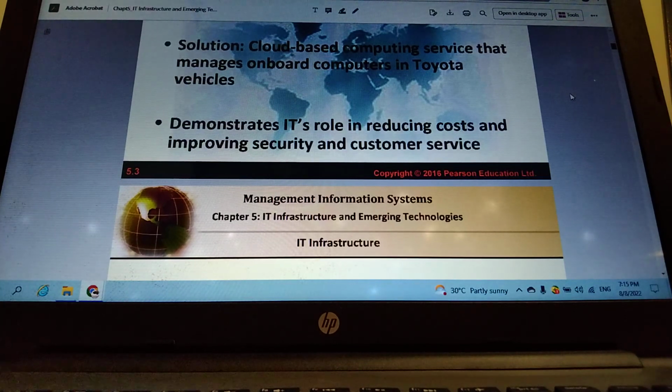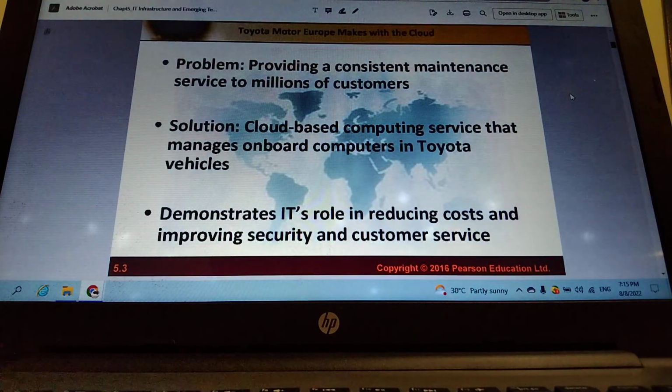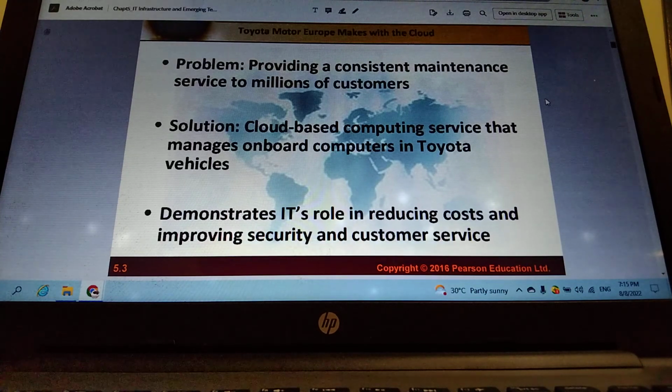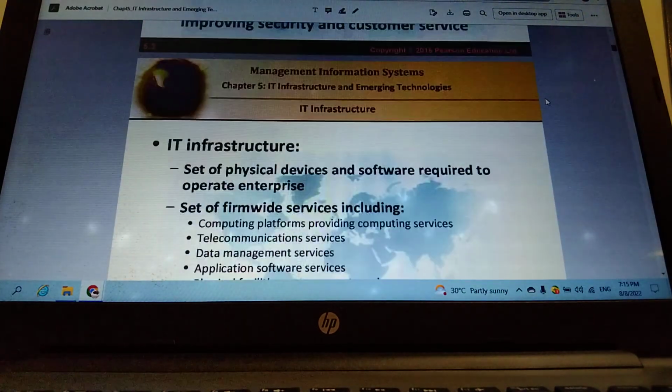So those are the two solutions provided for this case study. I suggest you and your colleagues or group members please discuss this during your discussion sessions. And if you need to bring it up, we can discuss it together. Otherwise, think about how Toyota Motor is using these two solutions to overcome their problems.